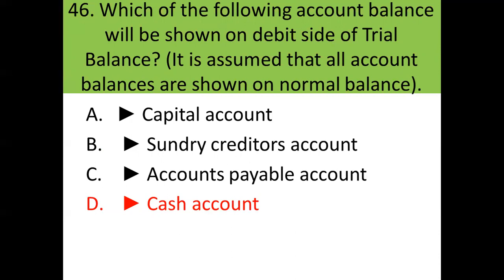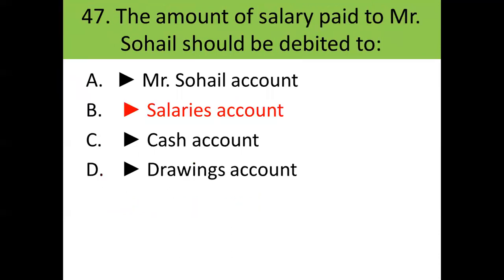The amount of salary paid to Mr. Sohel should be debited to the salary account. And when we pay in cash, that amount will be credited to the cash account.